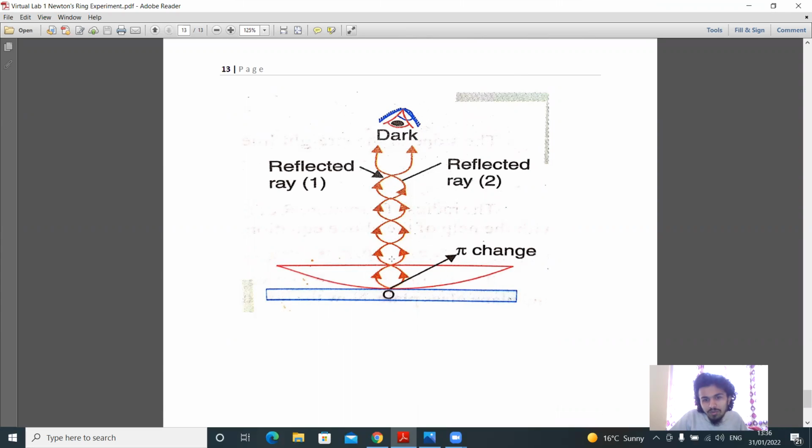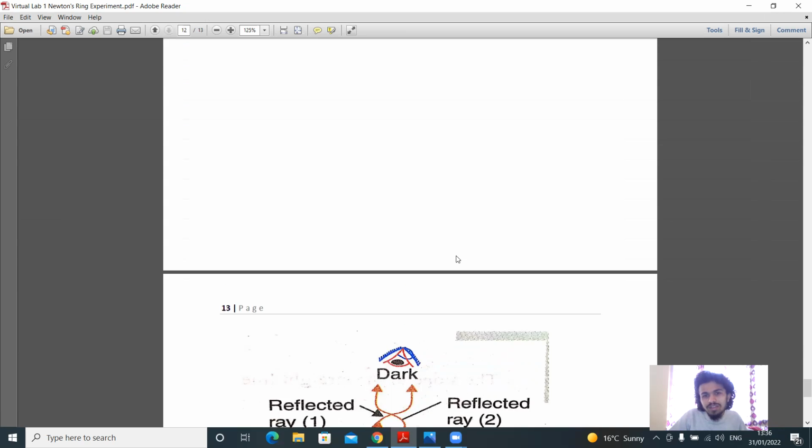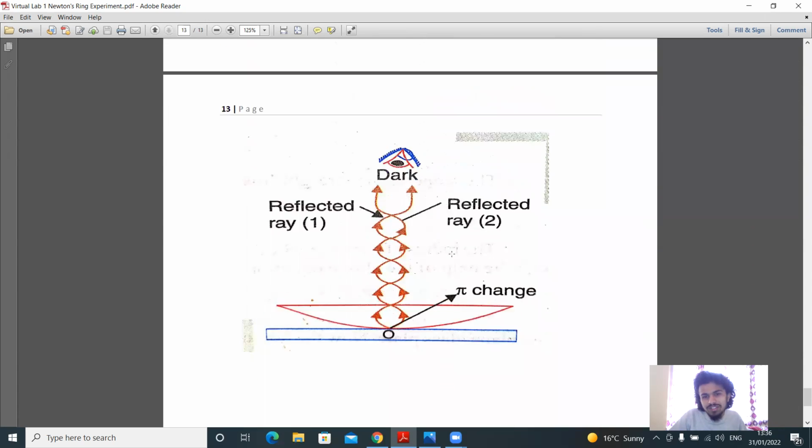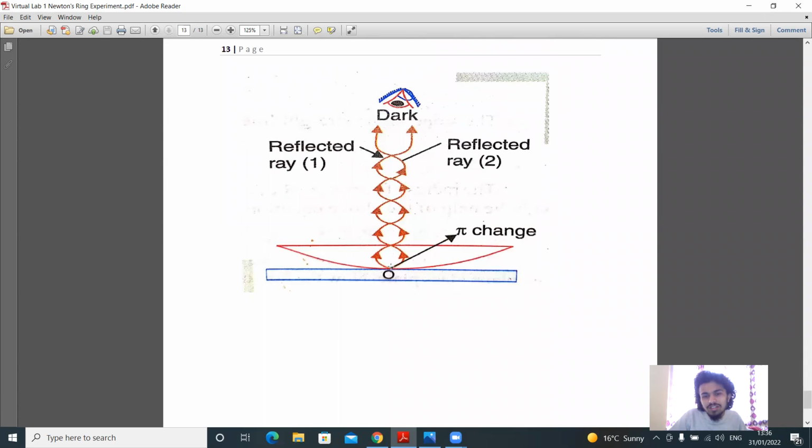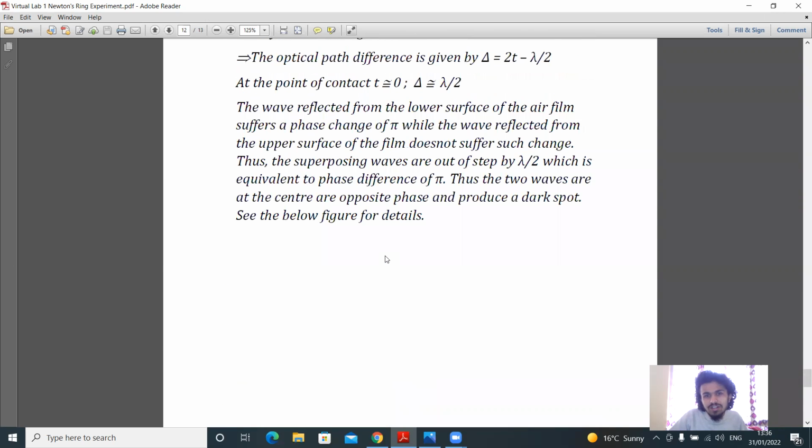The wave from the upper surface does not suffer that phase change, and the second ray suffers a phase change of pi, meaning they are out of phase at the point of contact, at the central point. Thus the two waves at the center are in opposite phase and produce a dark spot.